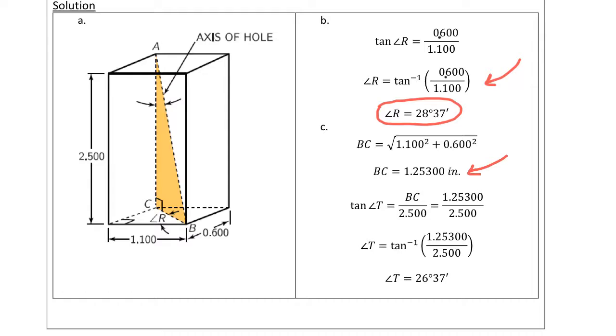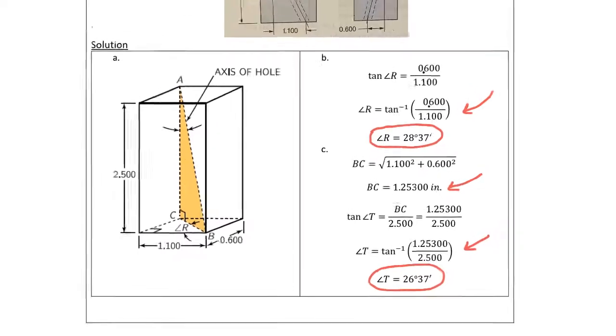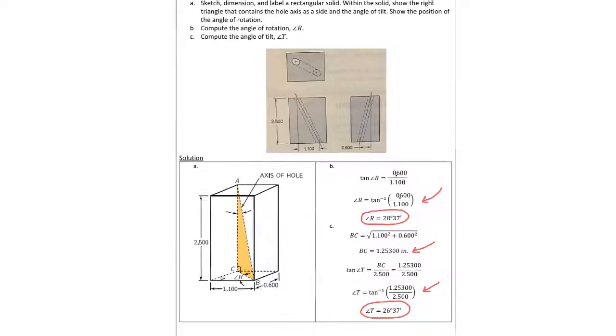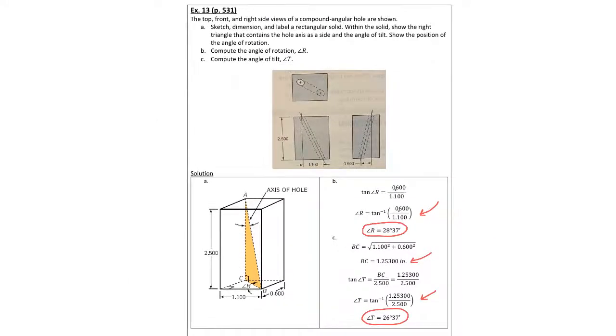Tangent of angle T equals BC divided by 2.5, which is the height. And take the tangent inverse to get the angle of tilt. And the angle of tilt will be 26 degrees and 37 minutes. Okay, and this was the whole problem 13 on page 531.